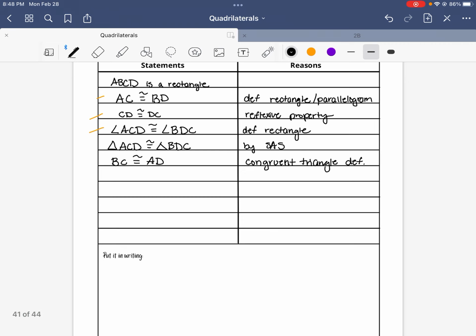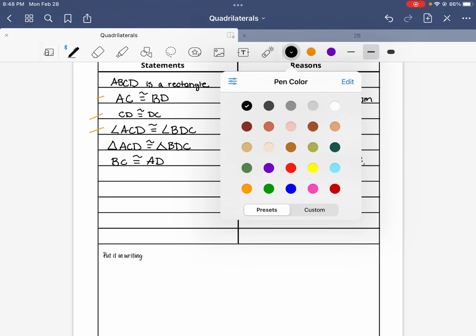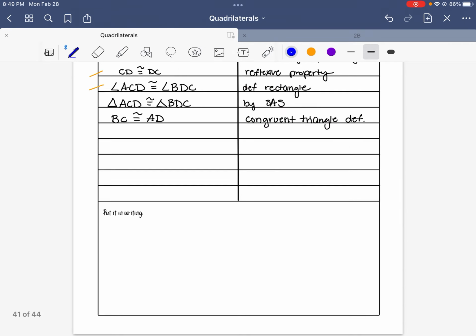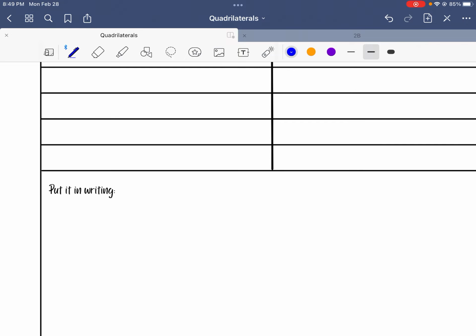So let's go ahead and write this down. And again, I'm going to use blue as my sentence phrase. So let's say assume. When I write assume, we're trying to paint a picture, right? So assume ABCD is a rectangle.